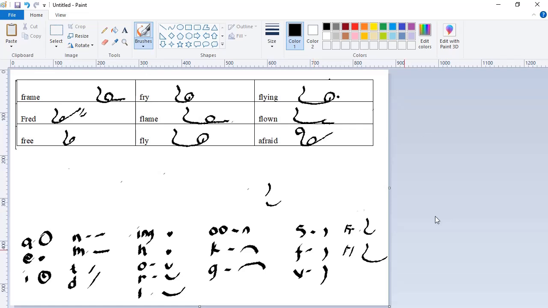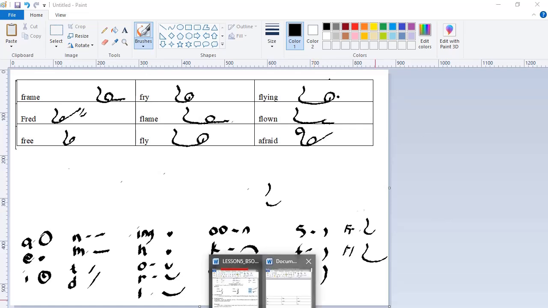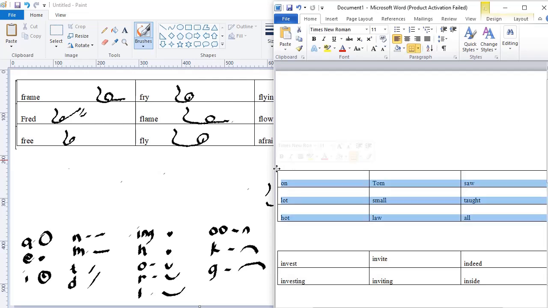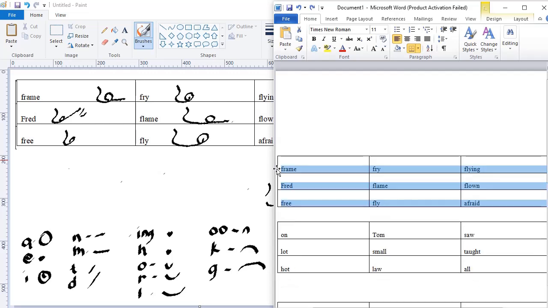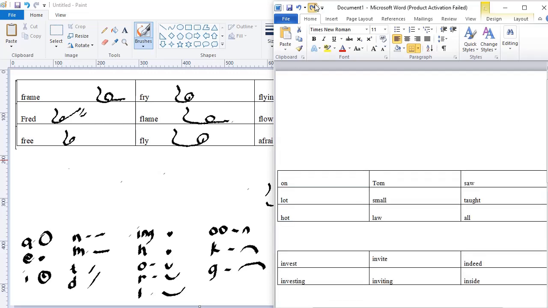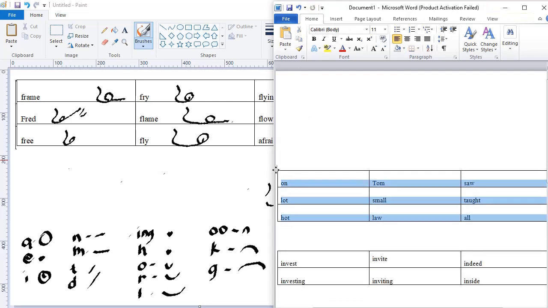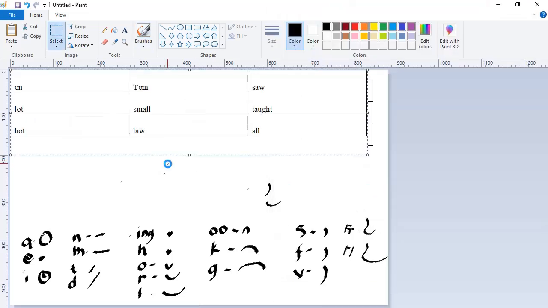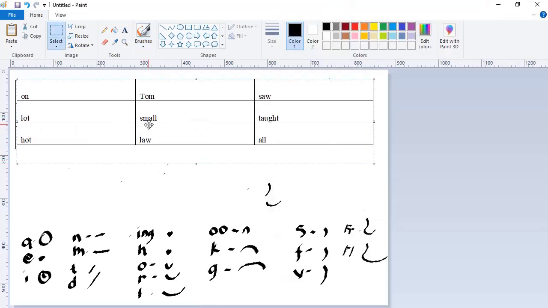Let's move on to our next set of words, which are yung ating soft O. Okay, so this is just a review. Yung ating O sound. O. Okay, so first we have on.